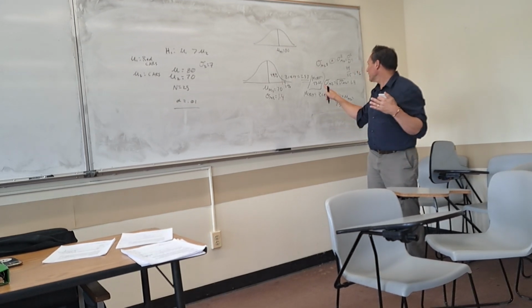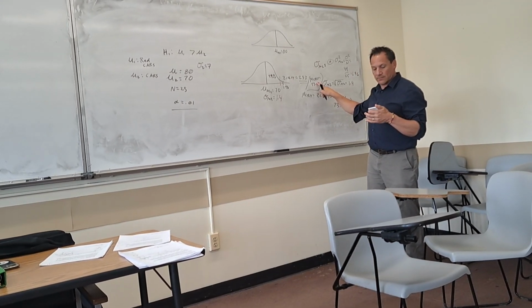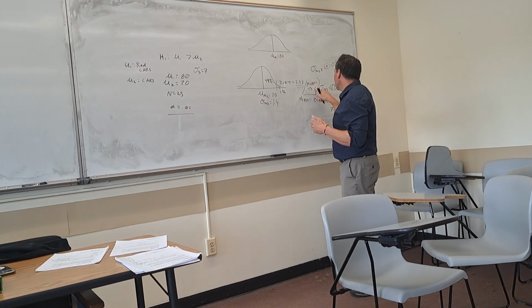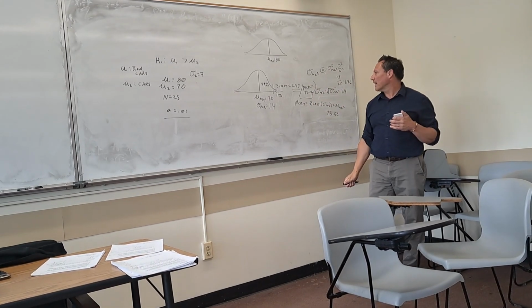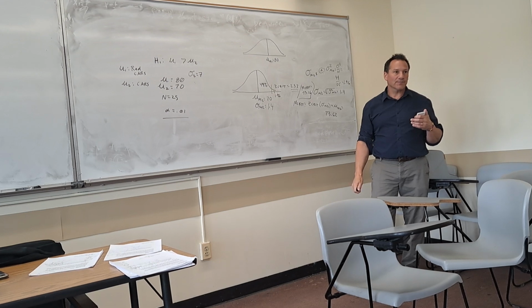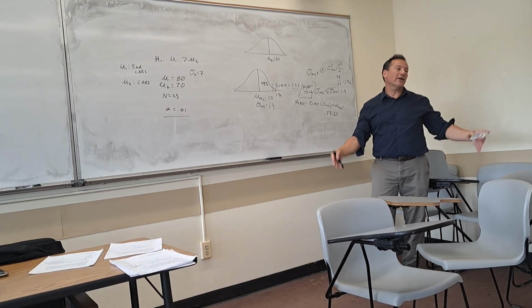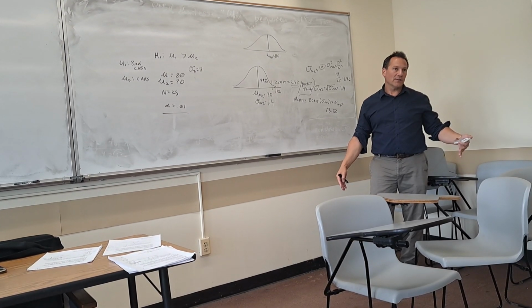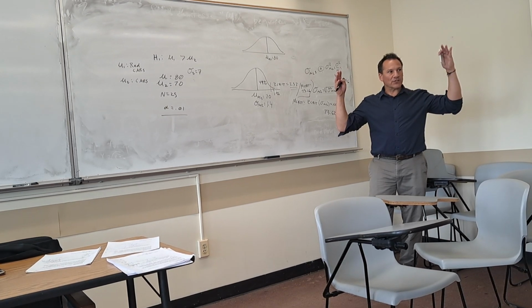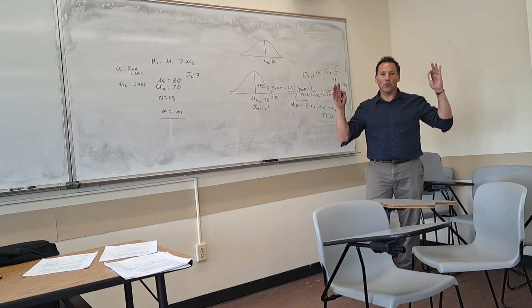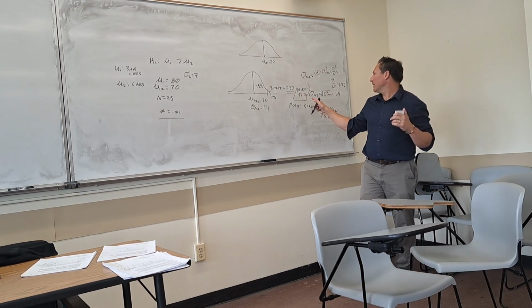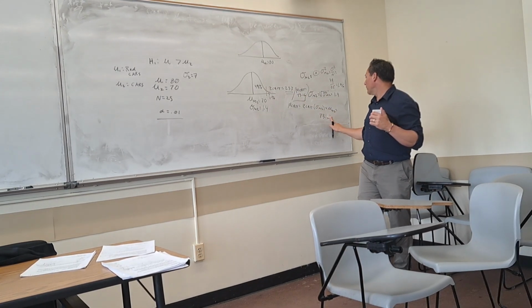Oh, did I get that wrong? Yes, 73.26, thank you. If you were going to carry out the hypothesis test, your sample mean from the special population would have to be greater, and that's a critical point, greater than a raw score of 73.26.